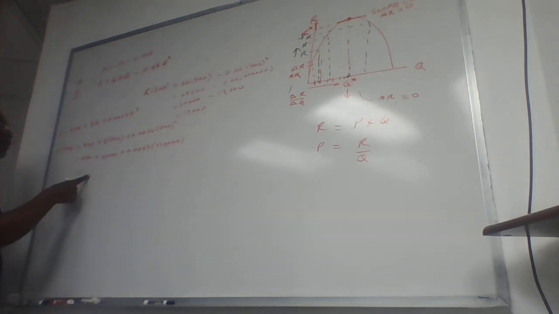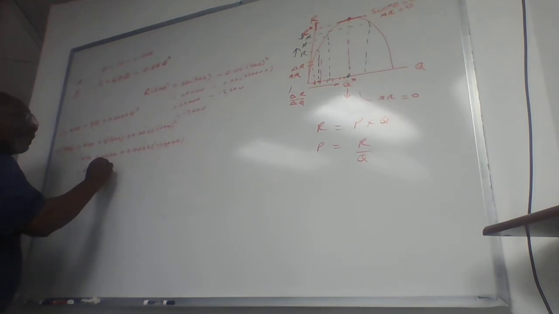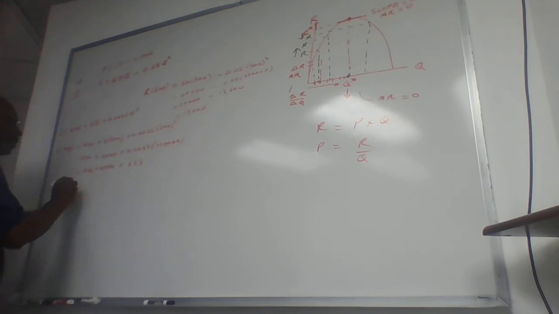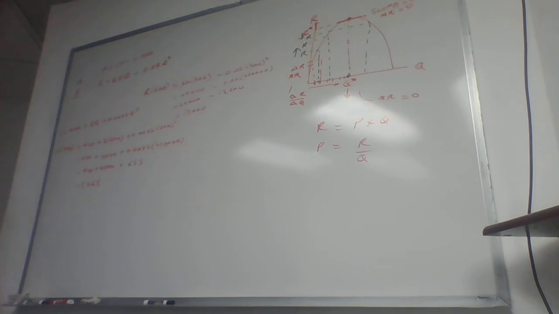So I got 640 plus 4,000 plus 625. 625 plus 640 is 1265, which gives me 5265. So my G, I have 5265.